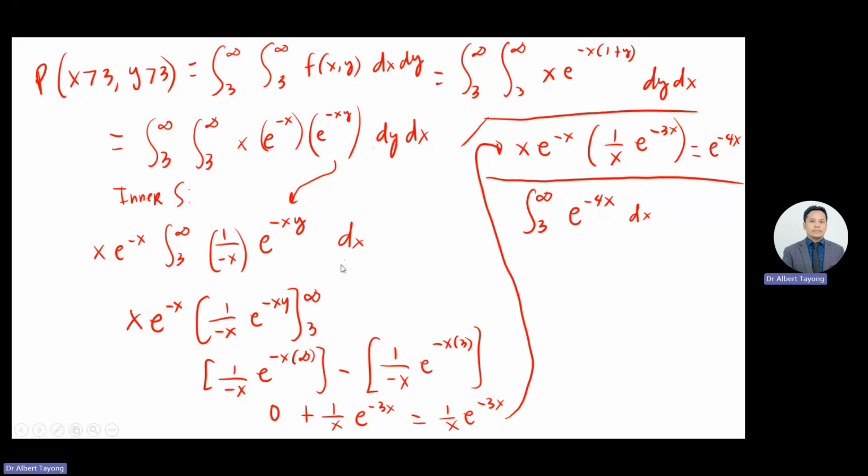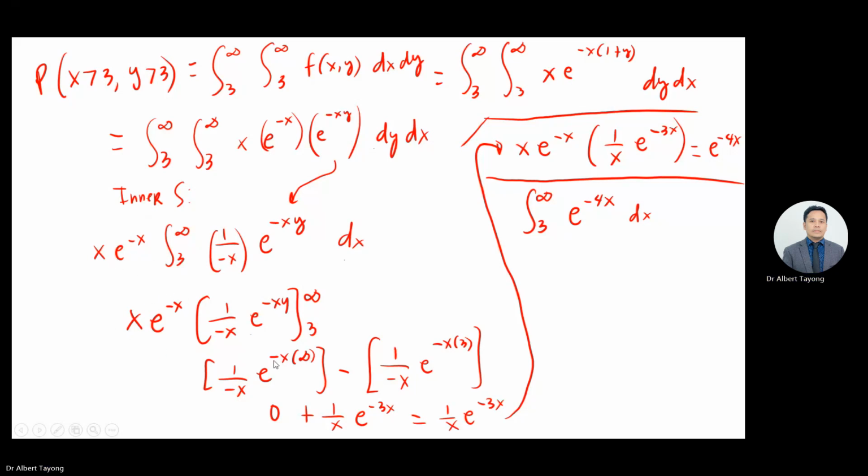Before we proceed to the last integral, let's first evaluate this. We have 1 over negative x e raised to the power of negative xy from 3 to infinity. And the answer we're going to multiply with this one outside.